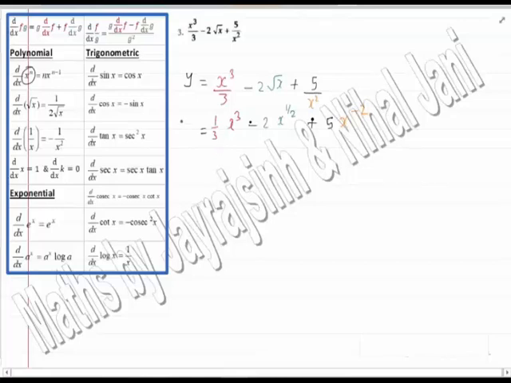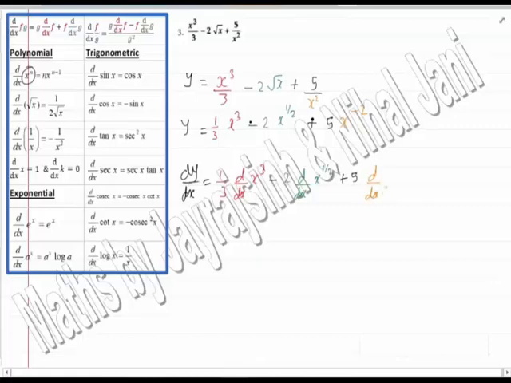So now we are ready to differentiate it. Let's differentiate on both sides. So the differentiation of y will be dy by dx, and here 1 by 3 is the constant term. We just have to differentiate x cube, and in the second term 2 is the constant term. We have to differentiate x raised to 1 by 2, plus 5 is the constant term.